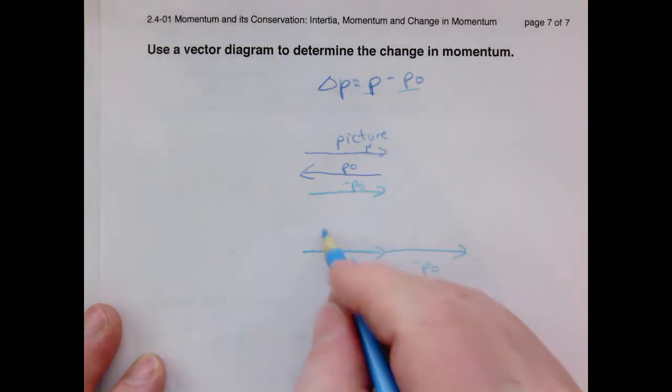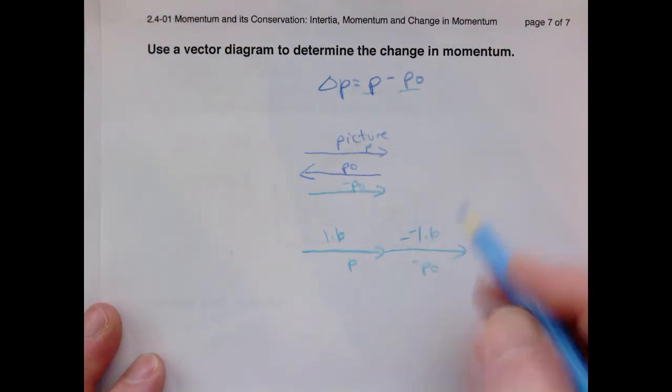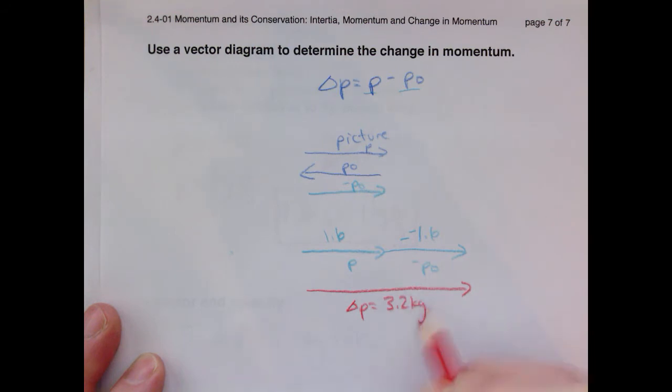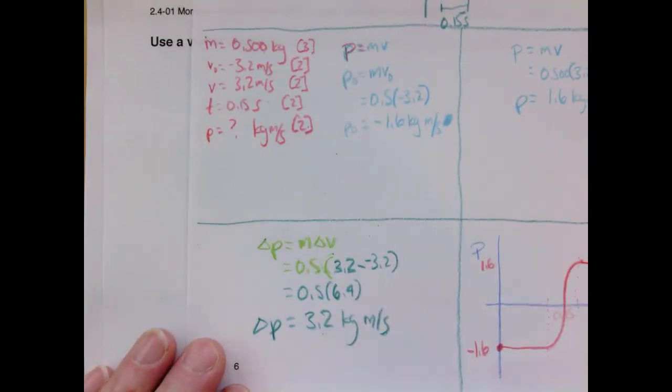This one was 1.6, and this is the negative of negative 1.6, which gives an overall resultant of delta P equals 3.2 kilogram meters per second. And that's what we found algebraically.